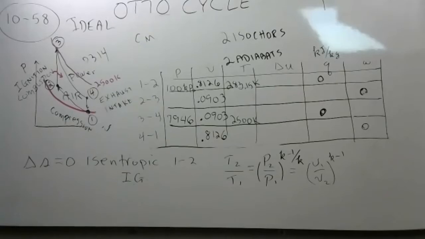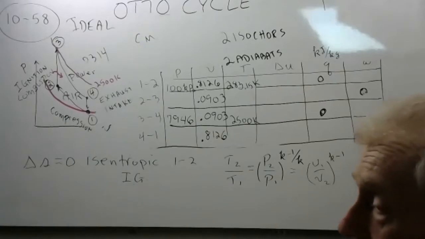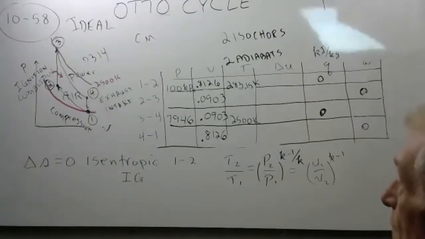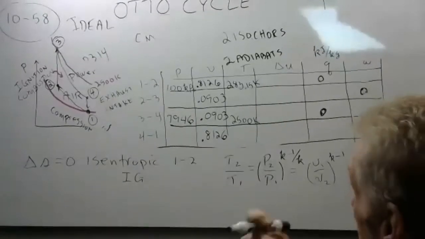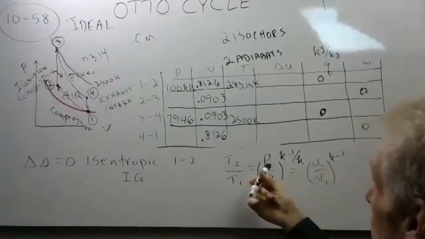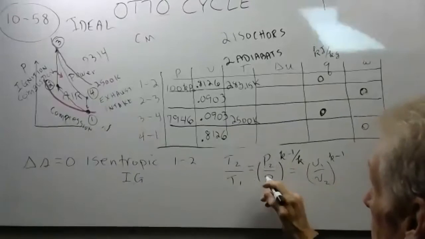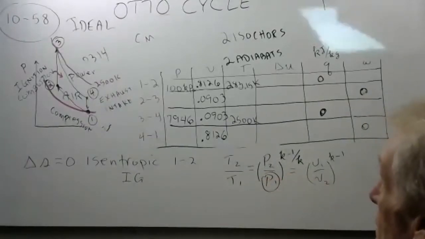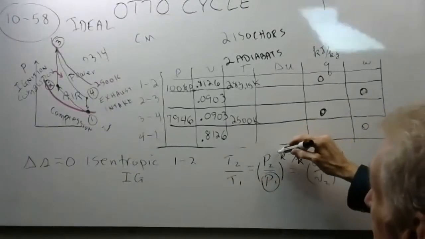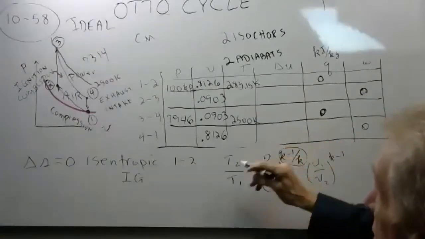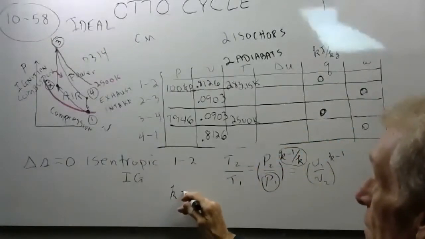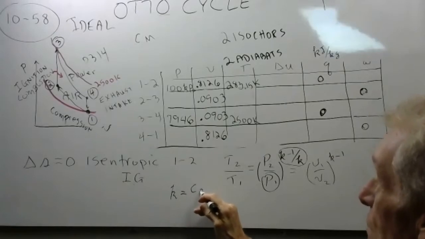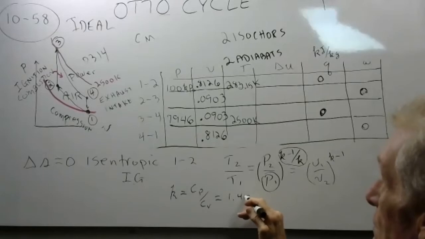I'm sure I showed you guys that. Now, in this case here, we don't have P2. We have P1. You can circle that. K, we can look up for air. Remember what K is. It's C sub P over C sub V. For air, it happens to be 1.40.